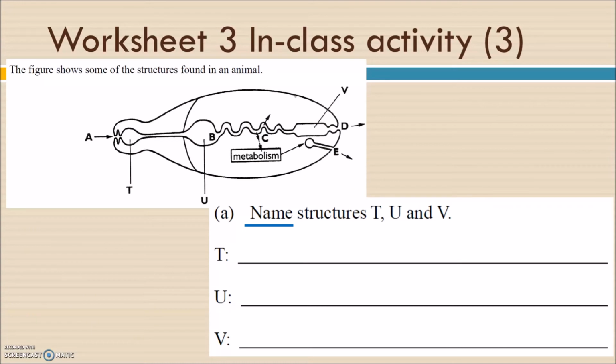In this question, we are going to take a look at this figure, which shows the structure found in an animal. Perhaps you can imagine that it's a special shape or pattern of a human being. That's why you need to know the direction. From A, enter the body, and then B, C, and for process C, something can work for the metabolism, and then D will be removed from the body.